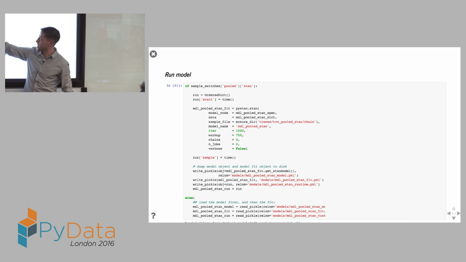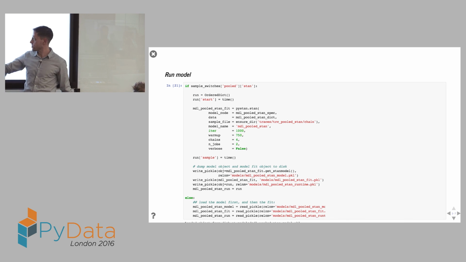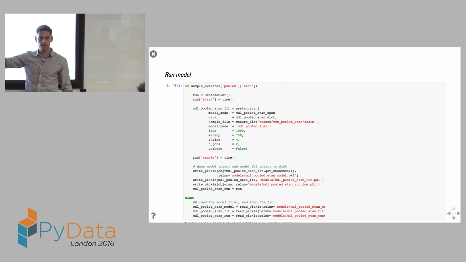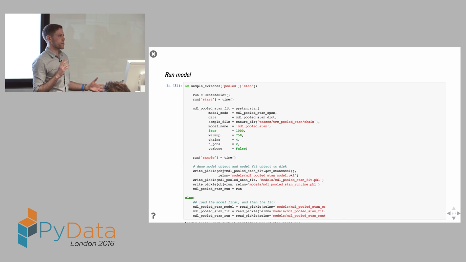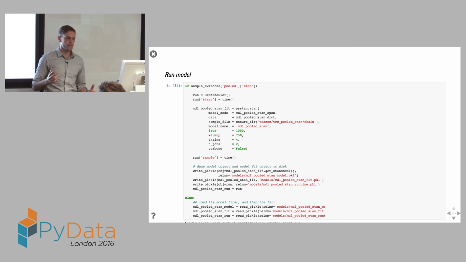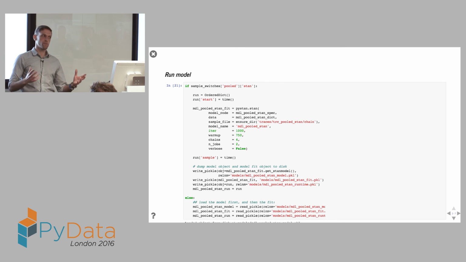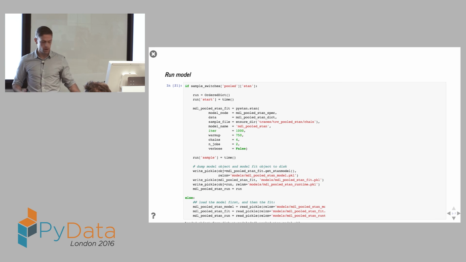I'm telling it, here's my code string. My data is in that dictionary that I put together. I'd like 1,000 iterations, burn the first 3/4 of them, and run 4 chains on 2 jobs. So it's quite flexible, quite possible to specify whether you want it multi-core, how many chains you want, usually more better, because then they don't necessarily get stuck in wells. And off you go.